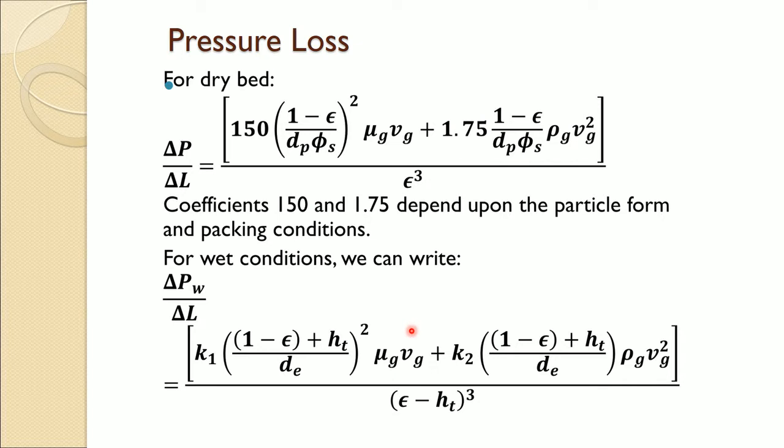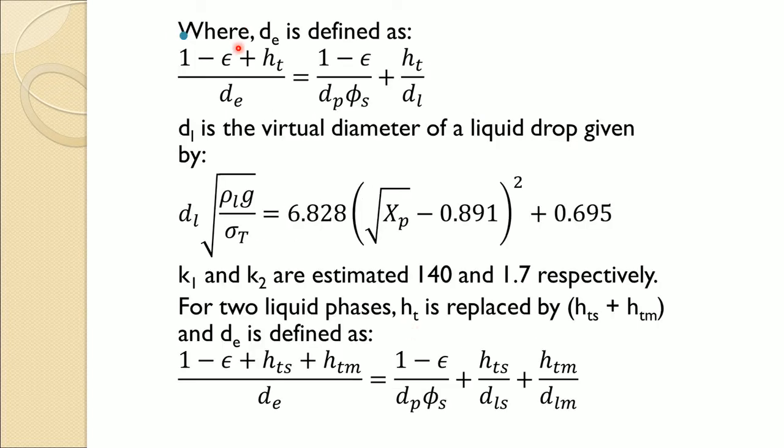And the D is defined using this equivalent formula according to them. So, D is defined this way, where dl is the virtual diameter of a liquid drop given by this formula.